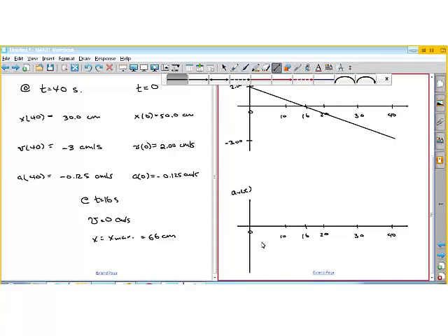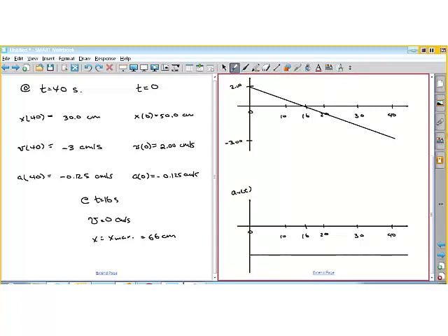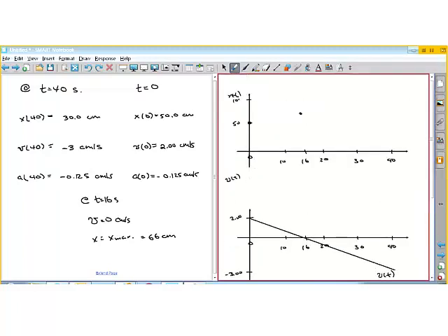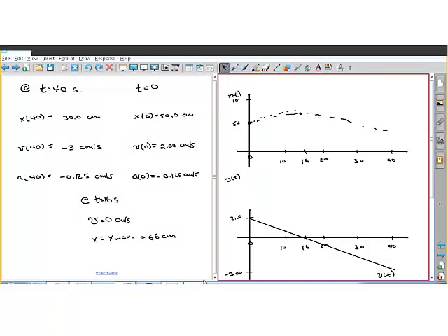It's just going to be a horizontal line at negative 0.125. So that's the acceleration. This is v of t. This is a of t. This is negative 0.125. Okay, and then finally, this thing's going to be a parabola. It's going to look something like that, and then it goes down to something like that.